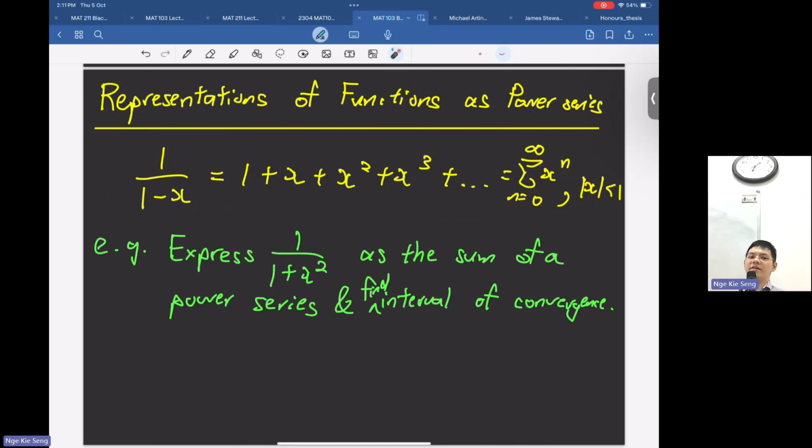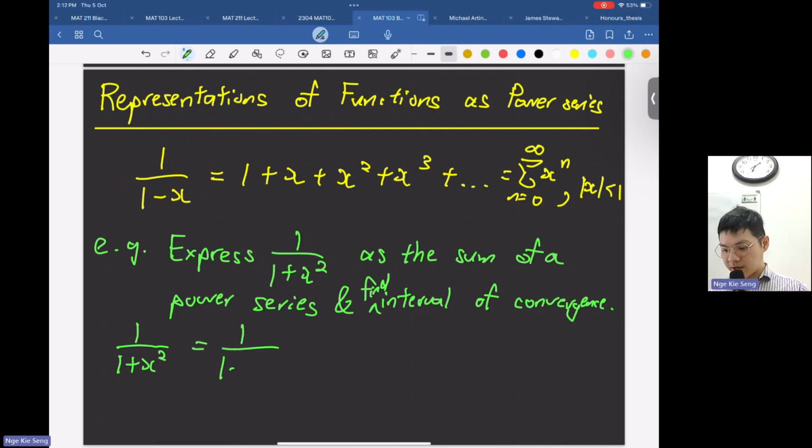What's the similarity here? Both of them are 1 over 1 plus something. So can I write 1 over 1 plus x squared in this kind of formula? How? You need to write it as 1 minus something, which is minus x squared.